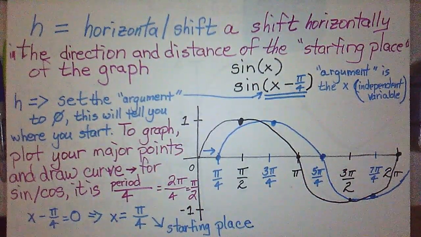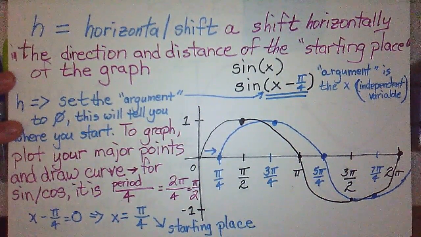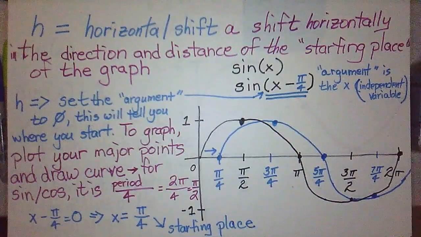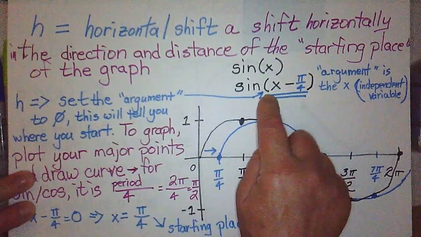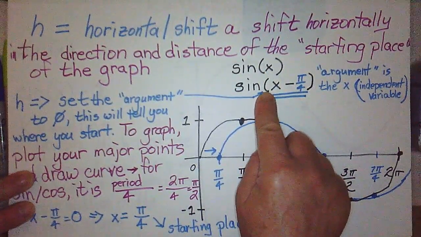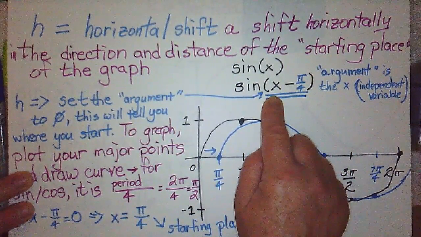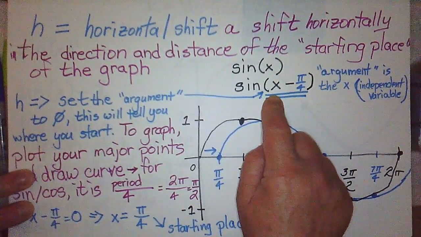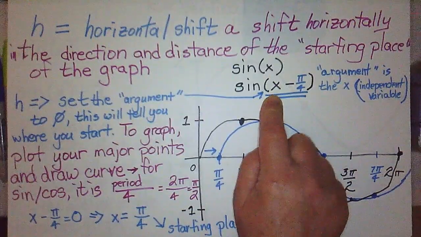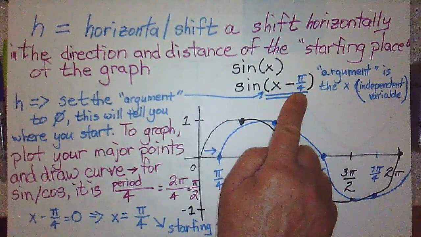So the way that you find out what the horizontal shift is, you set this entire piece to 0. This piece of a function is called the argument. It is the x-coordinate, as it were, because you can't just deal with x. You've got this minus pi over 4.